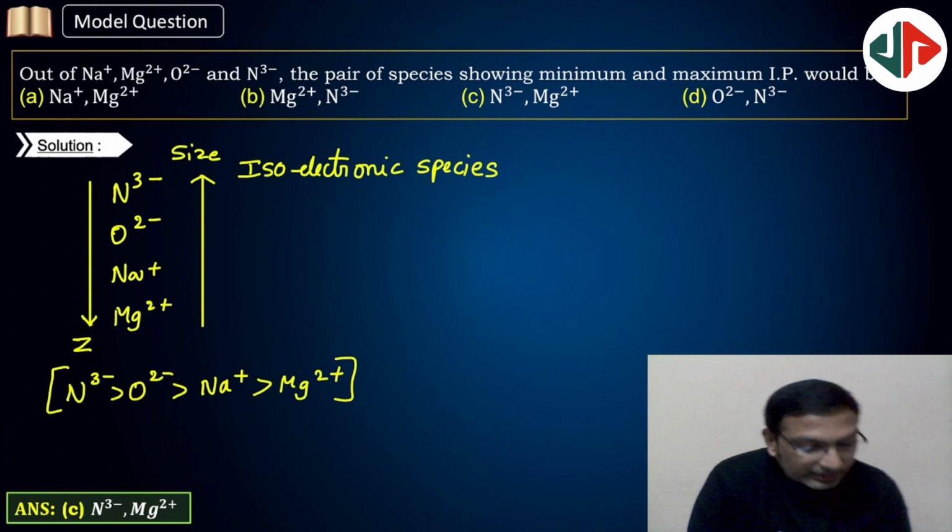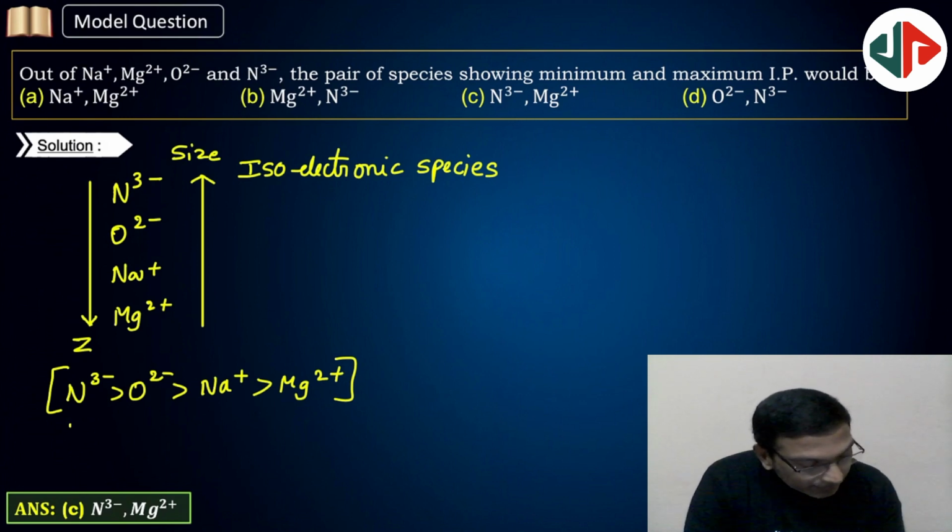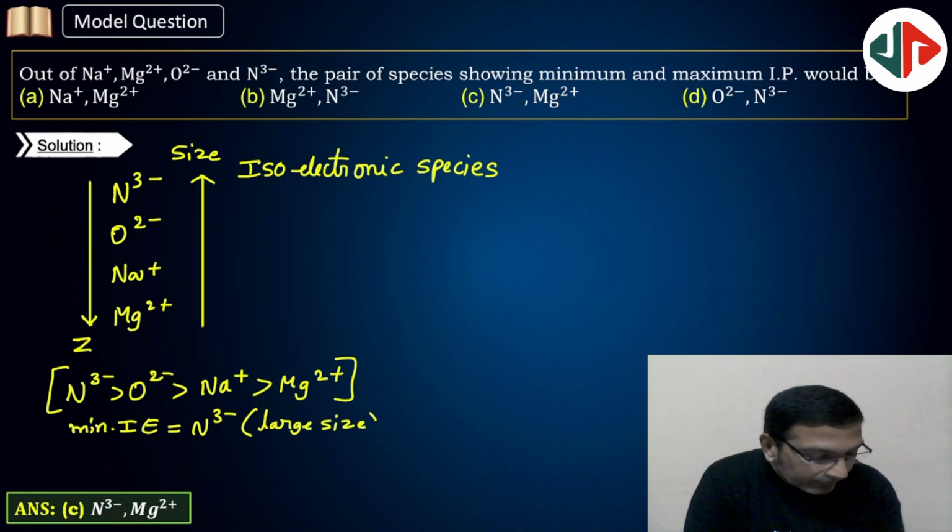This is the size order. Minimum ionization means the size will be larger. Minimum ionization energy is N3 minus due to large size.